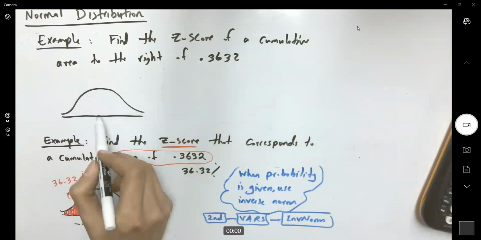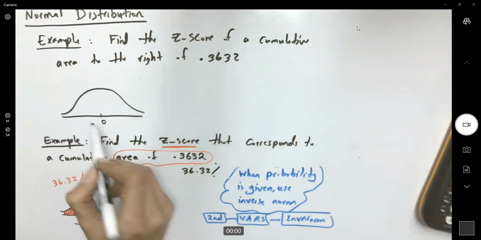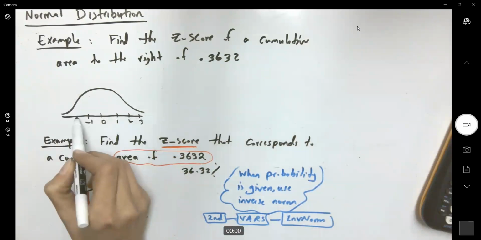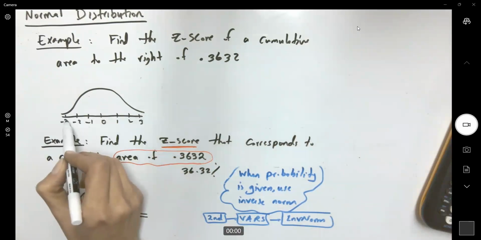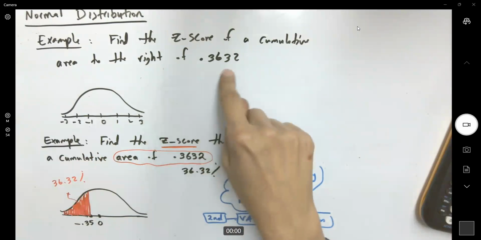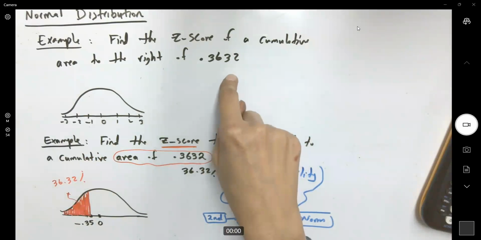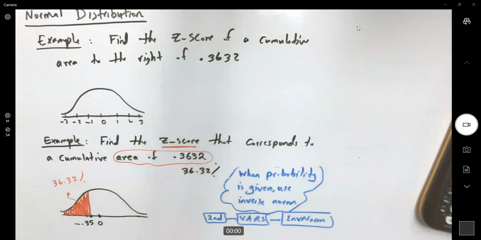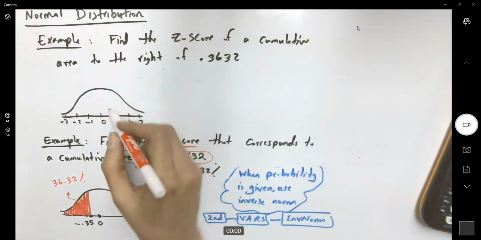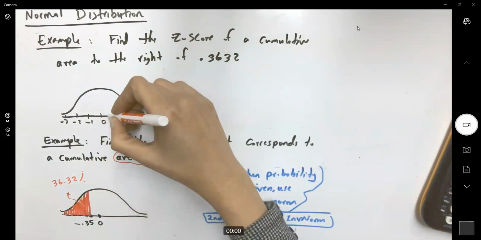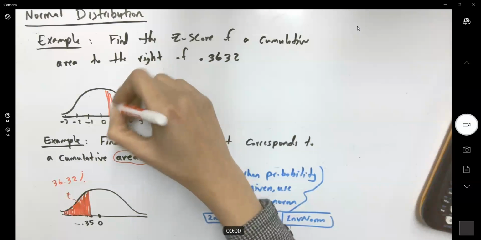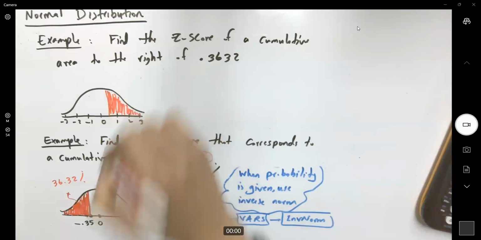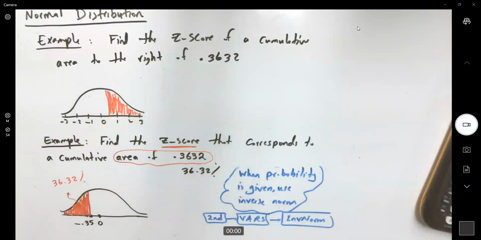This is my normal distribution. I have 0, I have negative 1, I have 1, 2, 3, negative 2, negative 3. The area to the right-hand side of 36.32%. Where is that area? That area is roughly here, to the right side. What is this Z-score? What is the Z value?